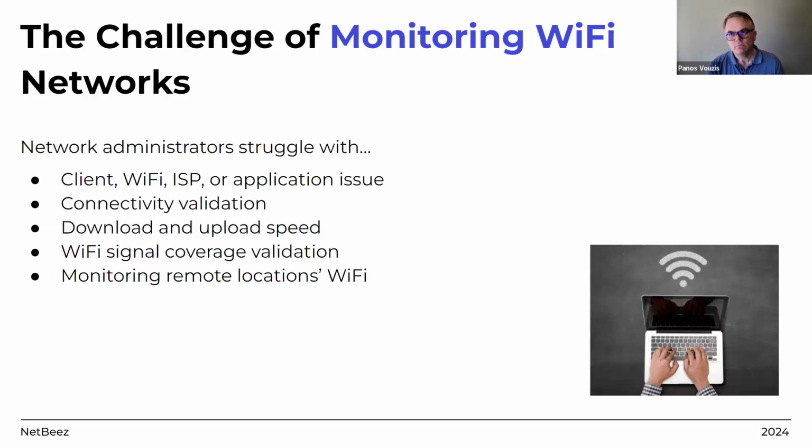Of course, we have some visibility from the controller's perspective and the access point perspective, and all modern Wi-Fi vendors give some type of monitoring and status of your Wi-Fi network. But nonetheless, we still rely on the users often to detect issues for us.